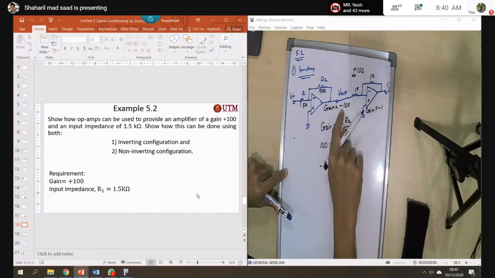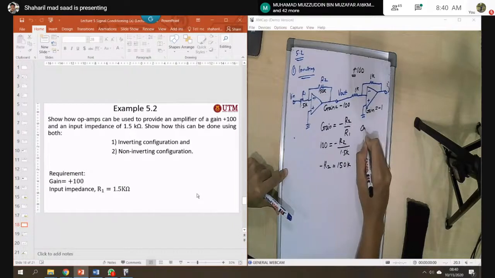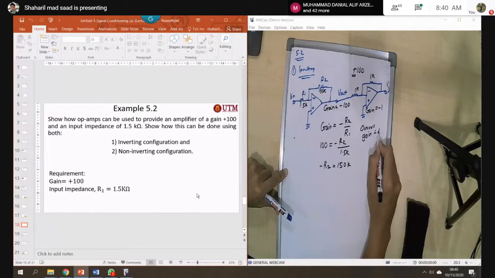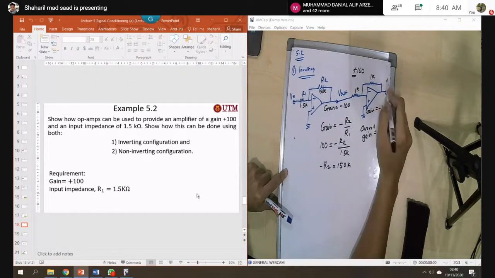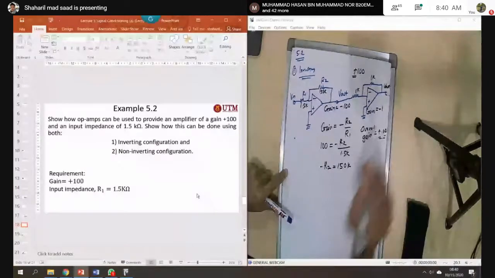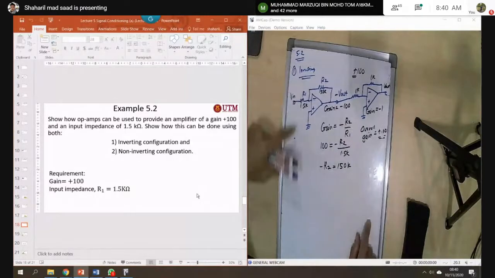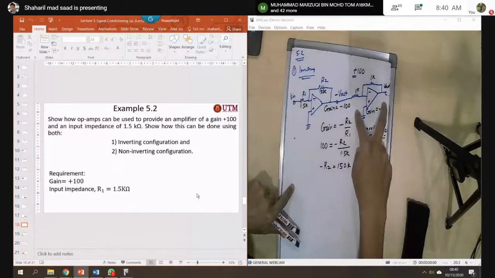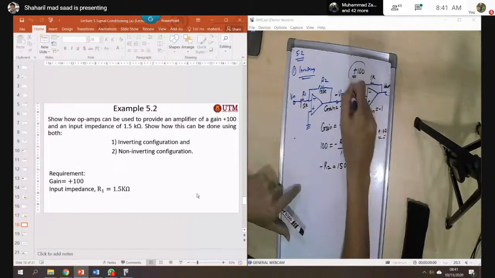So overall gain, minus 100 times minus 1, we call it the overall gain, is plus 100. This is your output V out. So when you have two inverting stages combined together, you can achieve plus 100.